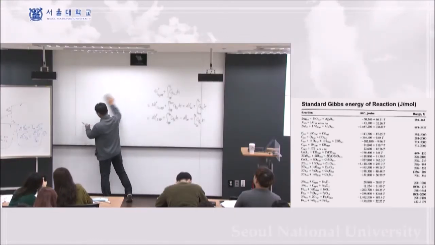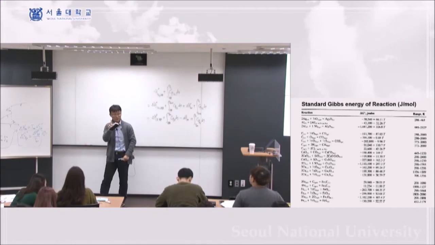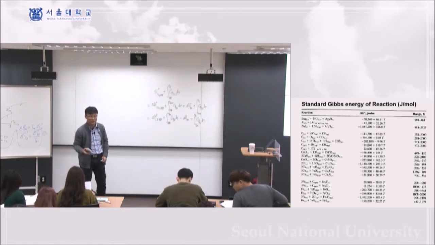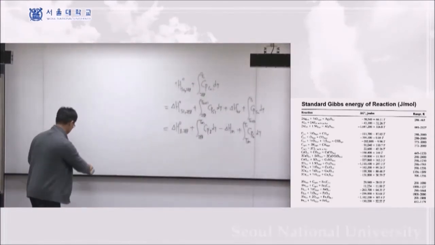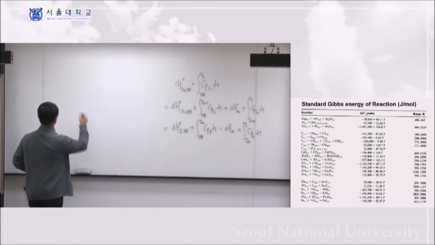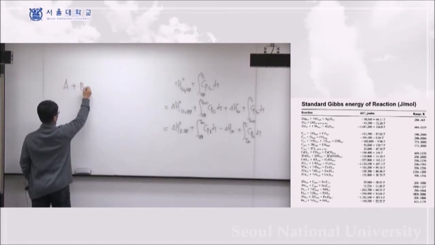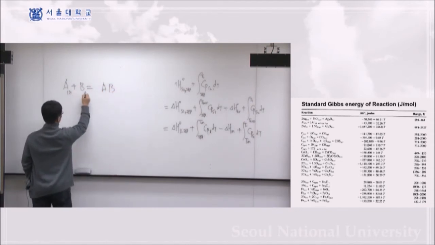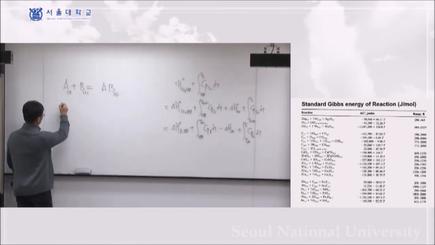Everything we have seen so far was only for one-component material. If I have a given material, what's the Gibbs energy? But this is already a chemical reaction, so how can you calculate such a thing? A plus B equals AB. Let's assume all are solid.